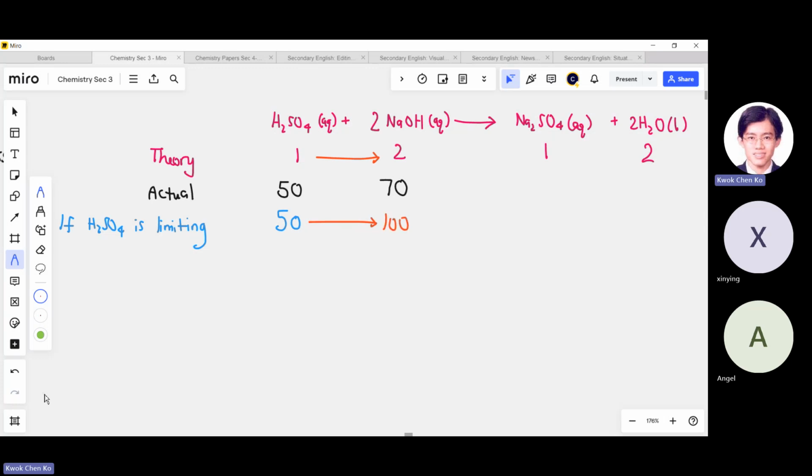Do I have 100? No, I have less than that. So therefore, NaOH is less. Anything less means limiting. So therefore, NaOH is limiting.